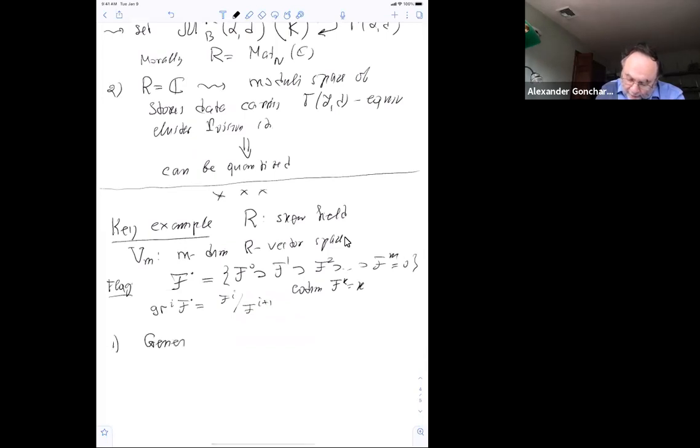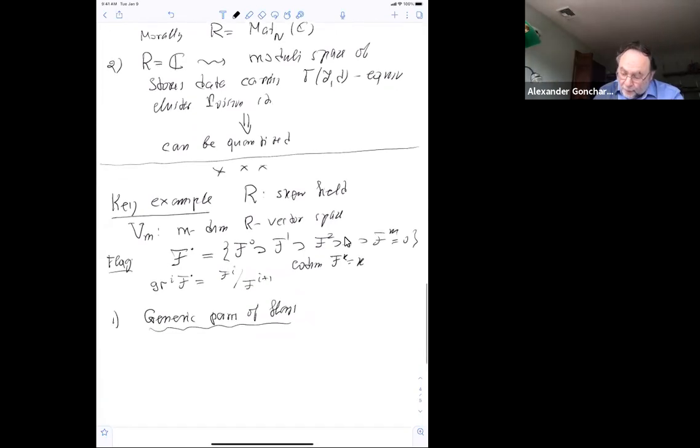It's trivial to describe flags because they're all the same. They're all equivalent by the action of the group. How about generic pairs of flags? So let's denote them A, B. The first question is, what does generic mean? So let's define this.